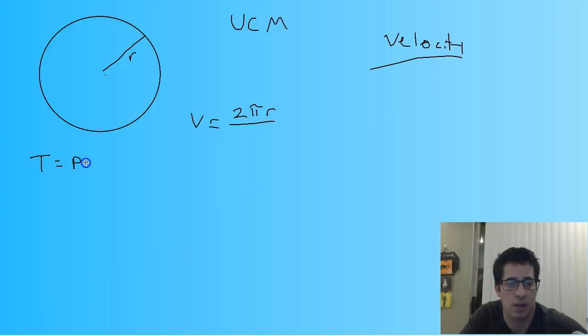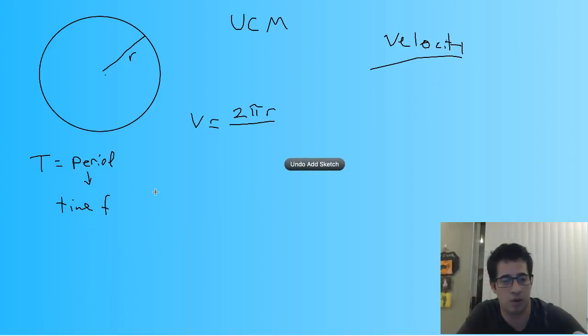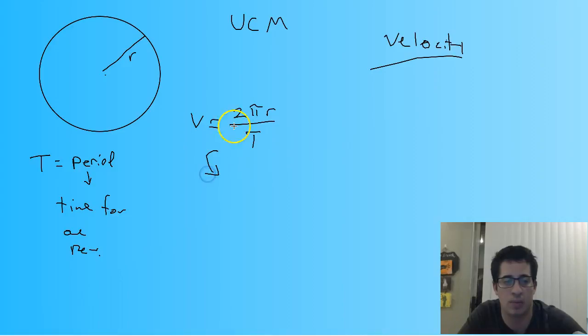So T, capital T, is equal to the period, which is the time for one revolution. So v is equal to 2 pi r over T, and we'll call this the period equation.